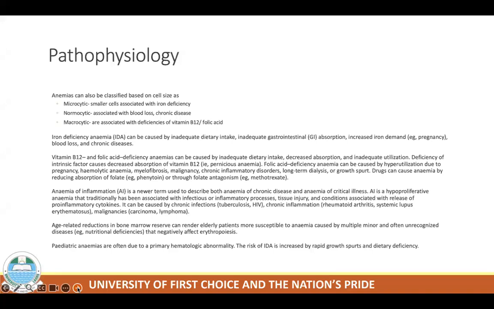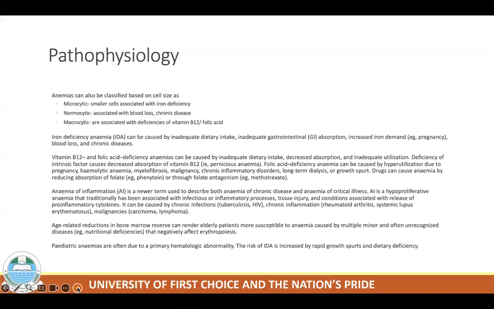For example, in the last class, when we were talking about inflammation, we talked about an inflammatory state called cancer cachexia, a generalized inflammatory condition that can also lead to anemia of inflammation. In fact, a lot of patients die more from the anemia of inflammation than just from the generalized anemic state.